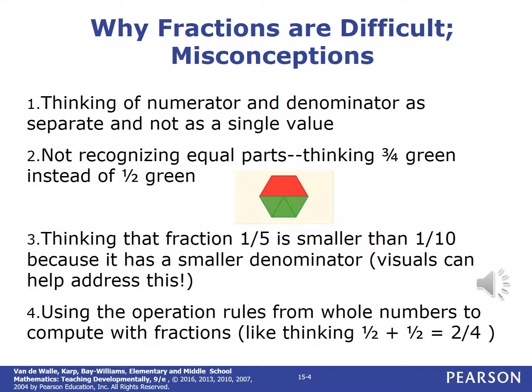So students may think that this is 3/4 green instead of a half green, and they need to realize that, based on the scale and the fact that half of it is in each color, those demarcations in the green don't do anything to the amount of green that's shaded.